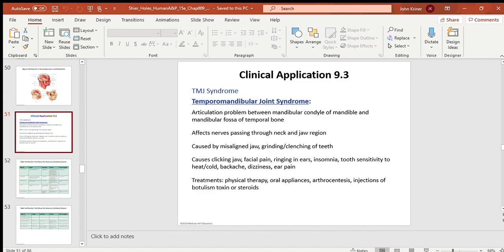Now, all kinds of things can happen where that joint becomes partially misaligned, or the meniscus of the joint gets folded on itself, and it can cause all kinds of pain. If you are a grinder at night, you grind your teeth by clenching them, that can wear out the cartilage in the TMJ joint, causing problems later or causing it to misalign. So then the TMJ can be a difficult joint to treat, and when it's painful, eating is painful, sometimes even talking.